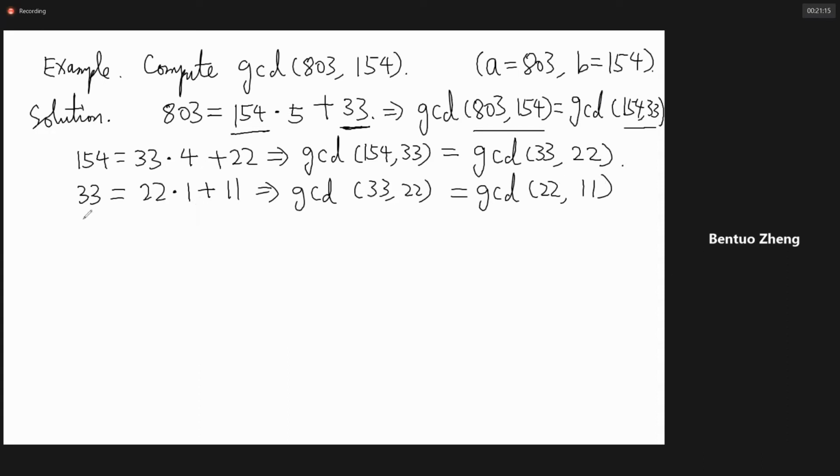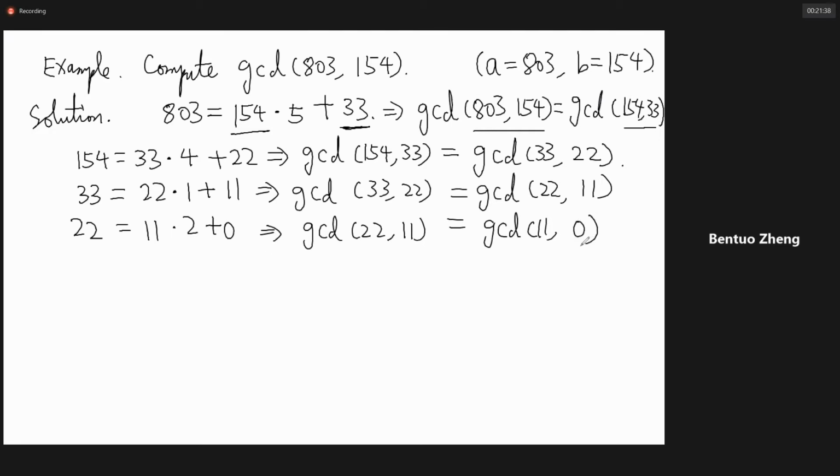And we can do one more time. So 22 is equal to 11 times 2 plus 0. So this implies the greatest common divisor of 22 and 11 is equal to the greatest common divisor of 11 and the remainder, 0. But then by the lemma, we proved that the greatest common divisor of a positive number with 0 is just equal to the number itself, 11.